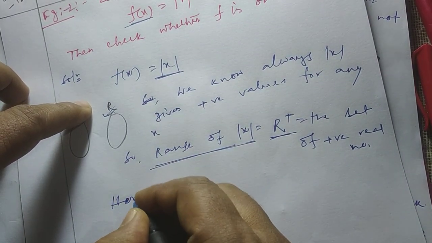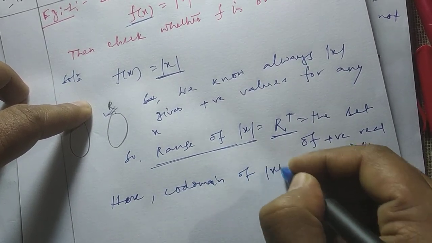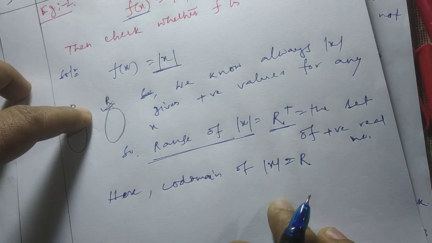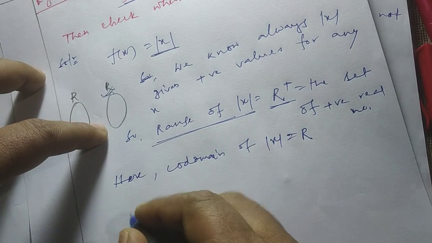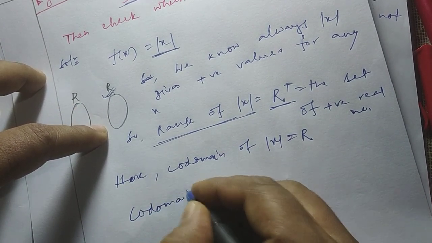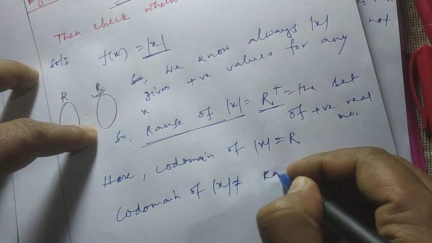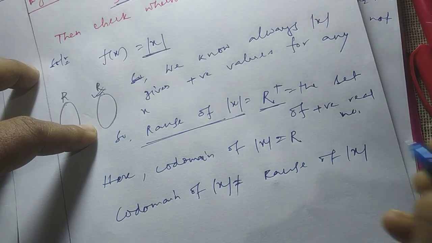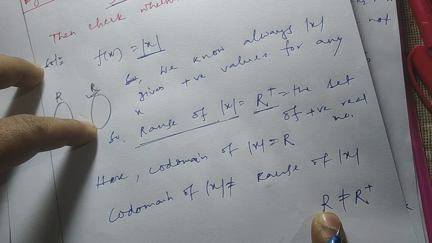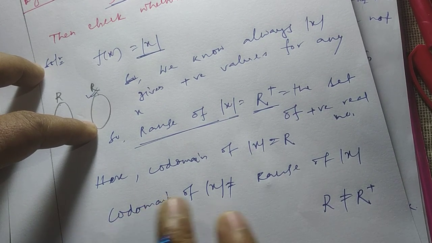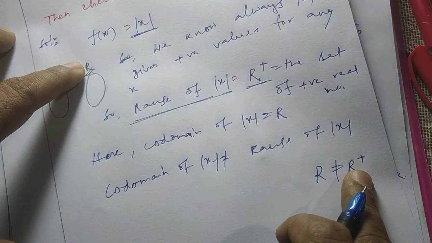Here codomain of modulus x is real numbers, and we have seen the range was R plus. So instantly we can say the codomain of mod x is not equal to range of mod x, because R and R plus are not equal. R is the set of all real numbers. Here it is containing plus and minus all, but R plus is containing only plus numbers.